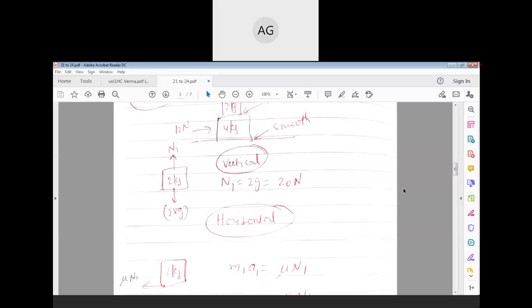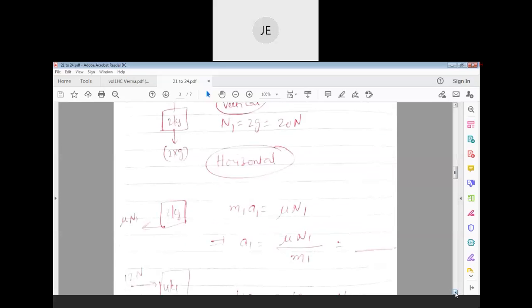You are getting A1 as? Sir, 2 meter per second square. Okay, good, very good.